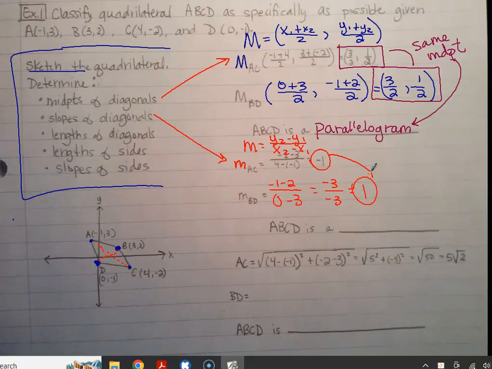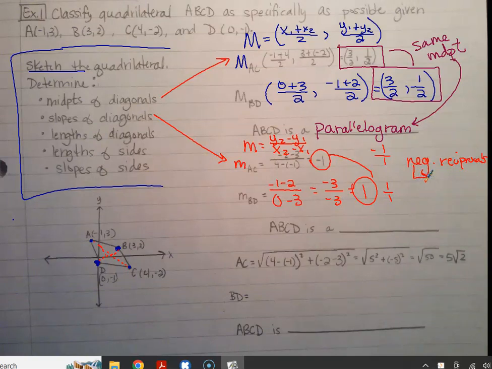Not congruent. They're actually opposite reciprocals. That's a little hard to see because this would be -1 over 1, and this is a positive 1 over 1. So they're the negative reciprocals of each other, which means what?